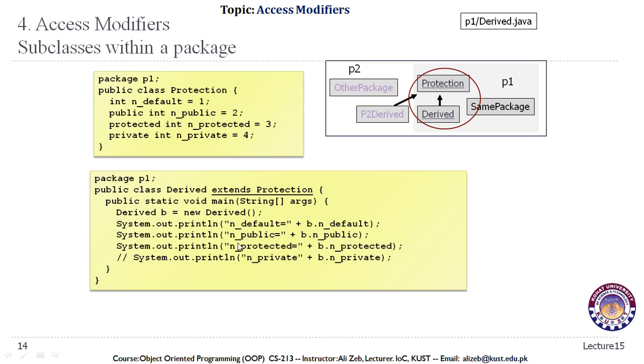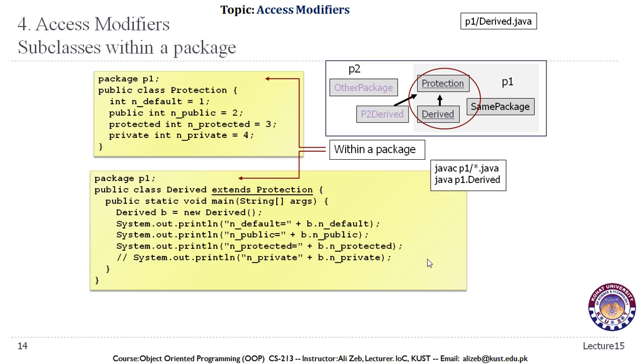Similarly, we can of course access the public variable. We would also be able to access the protected variable, but if we try to access the private variable from outside of the class Protection, we cannot access it.